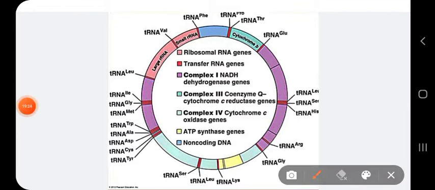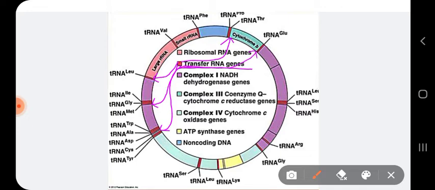You can also see the red ones, which are the transfer RNA genes that I am just talking about. The red ones are the genes that encode the tRNA regions, as you can see here.